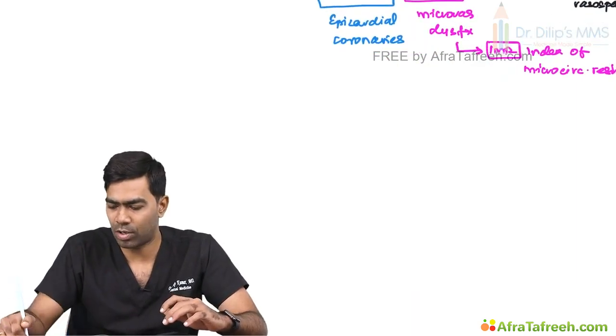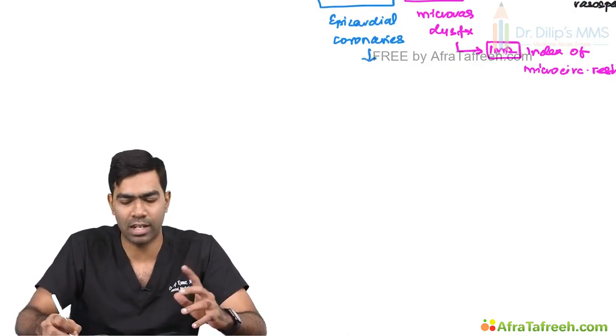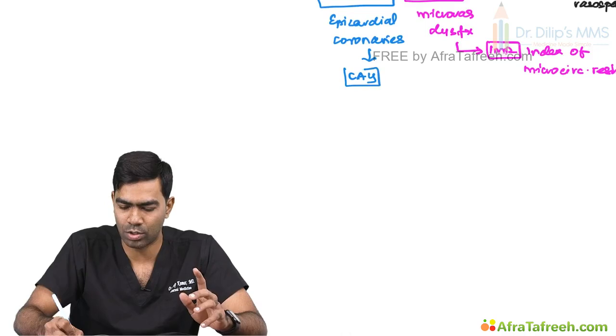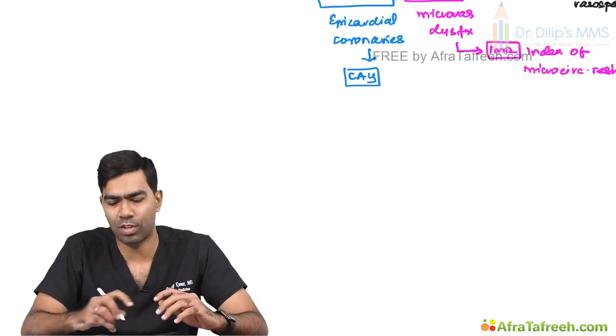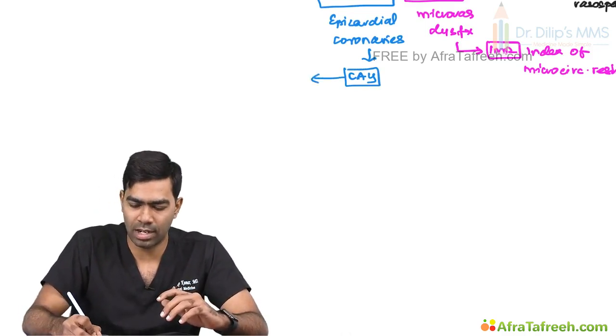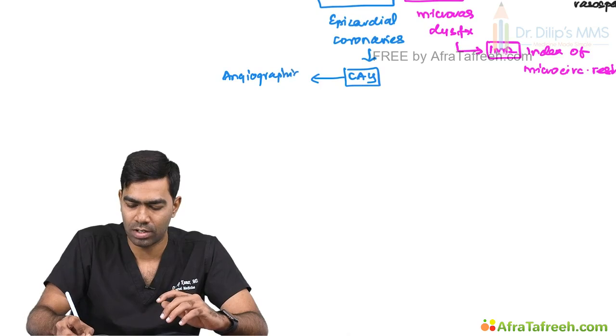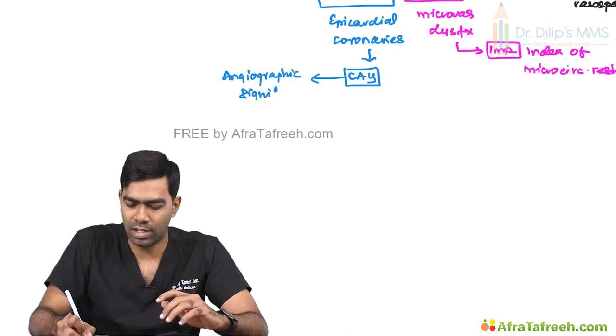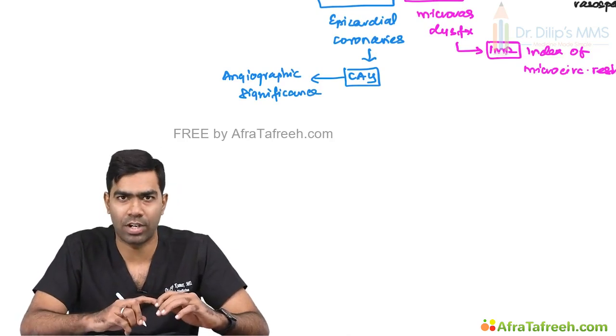On the other hand, the epicardial coronaries can be assessed relatively easily, and the gold standard for that is coronary angiogram. But the common pitfall of the coronary angiogram is that it can tell whether the lesion is angiographically significant or not, but it cannot tell whether the lesion is hemodynamically significant or not.